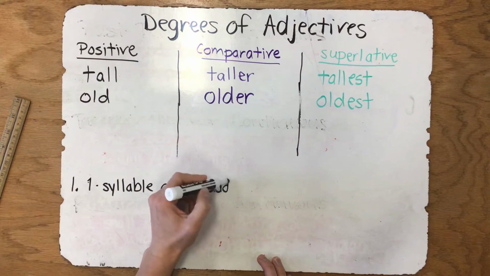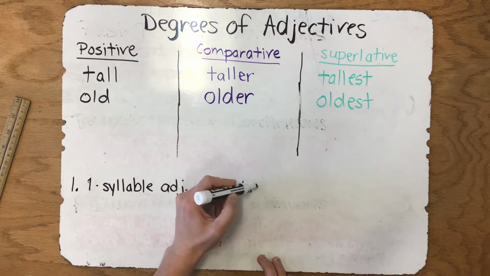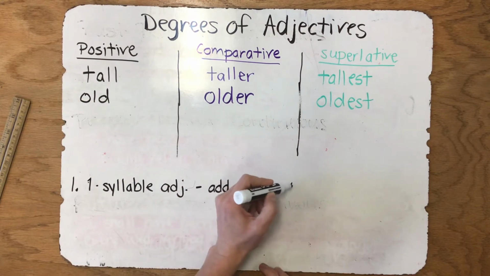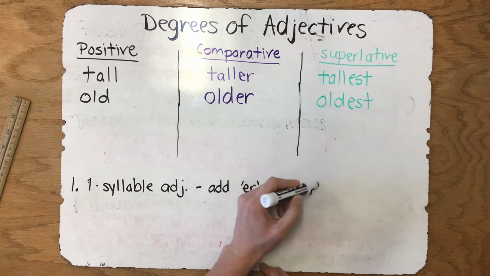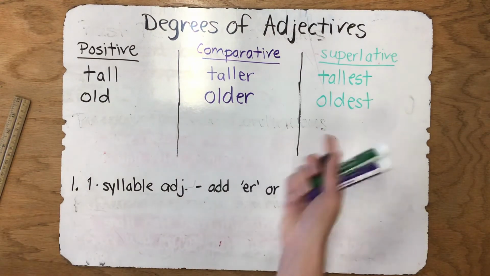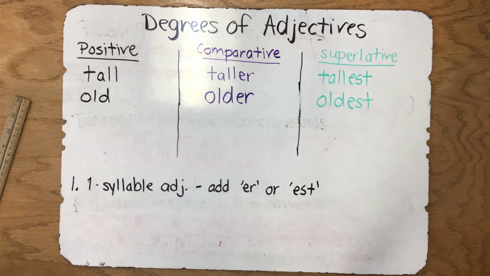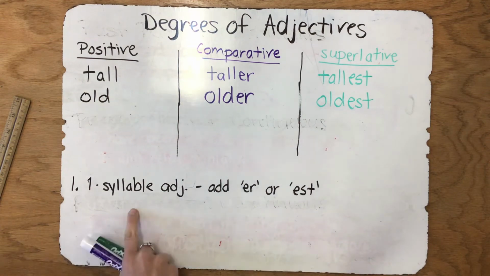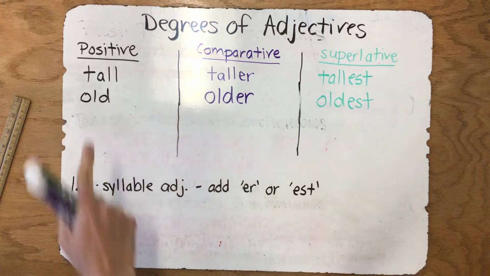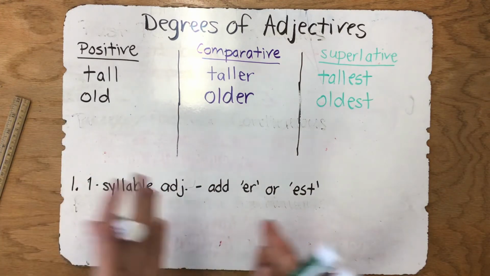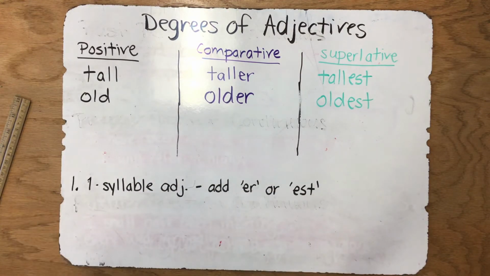We either add an ER or an EST for comparative or superlative, just like we did here. Tall, taller, tallest, old, older, oldest. Tall and old are both one syllable. If we did long, longer, longest.